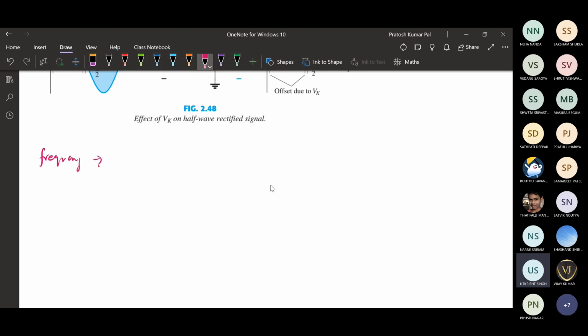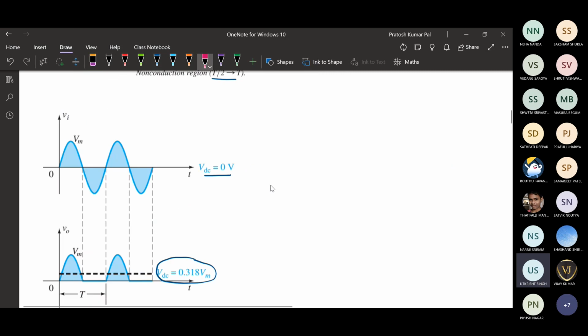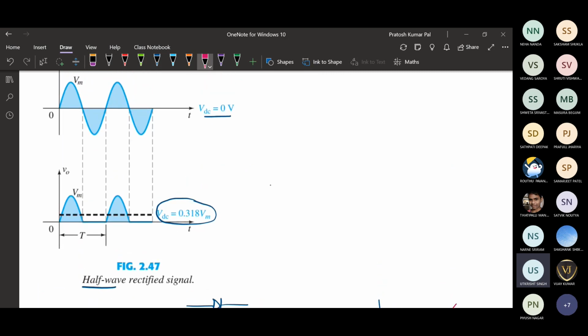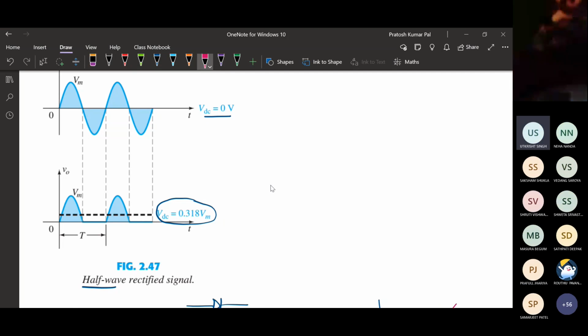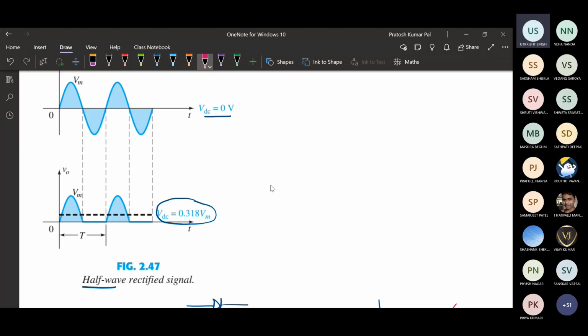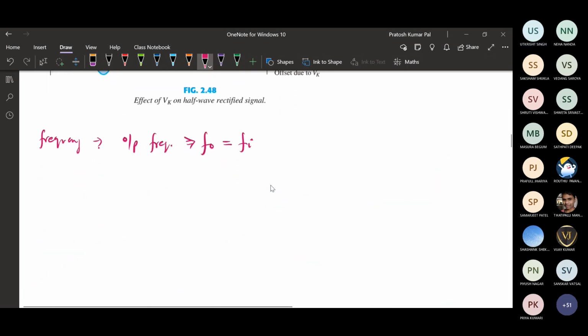If we talk about the output frequency, f0 will be equal to the input frequency. We can see from here that this is one complete cycle, so this is the time period, and 1 by T will be the frequency. Similarly, the output has the same time period as the input. So the frequency will be the same in a half wave rectifier: the output frequency will be the same as the input frequency.